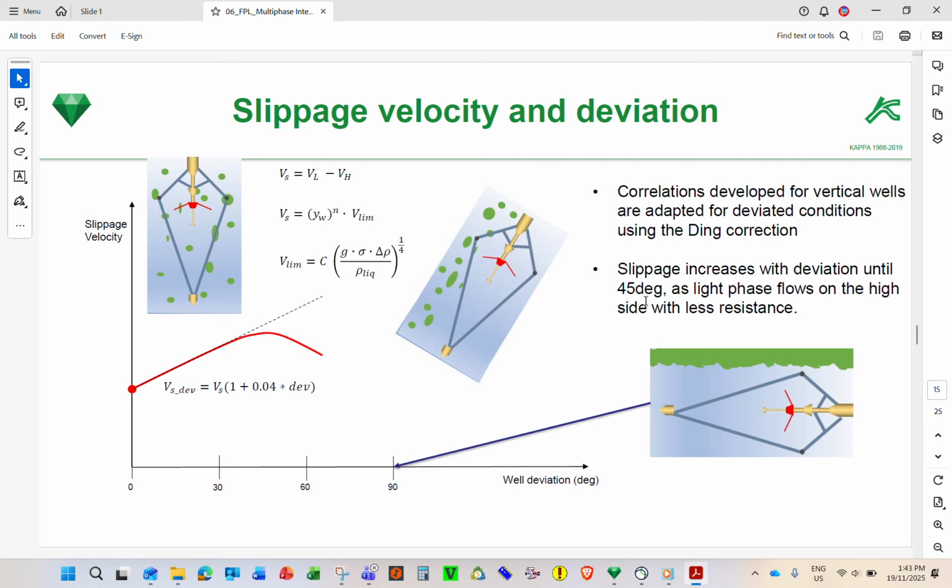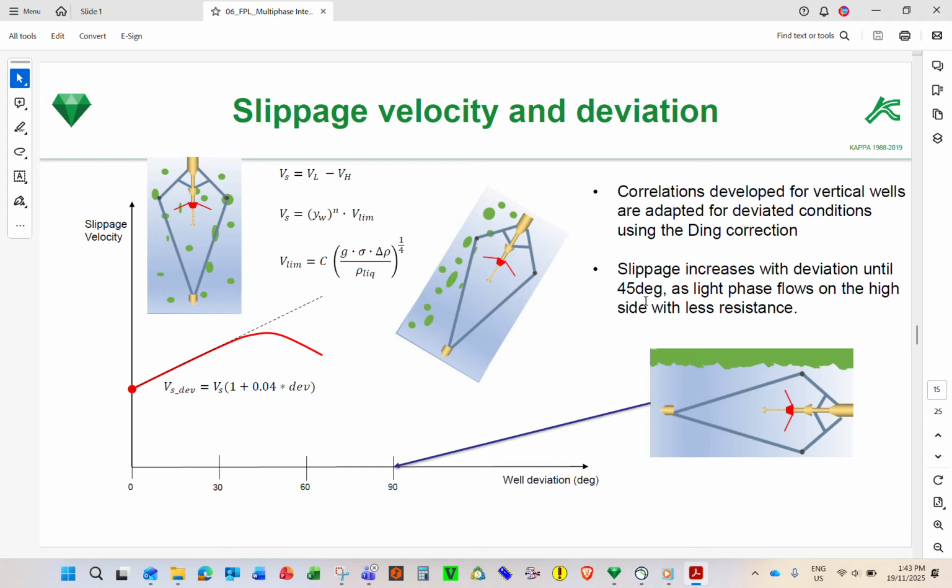So this is the place that we like to have. Again, the slippage of deviated is 1 plus 0.04 times deviation, maybe multiplied by some numbers. It's quite a high percentage of the deviation to the slippage.